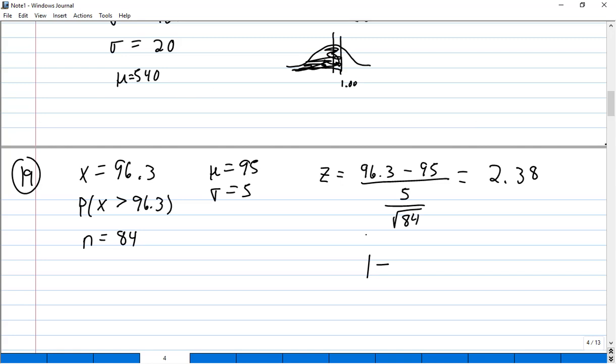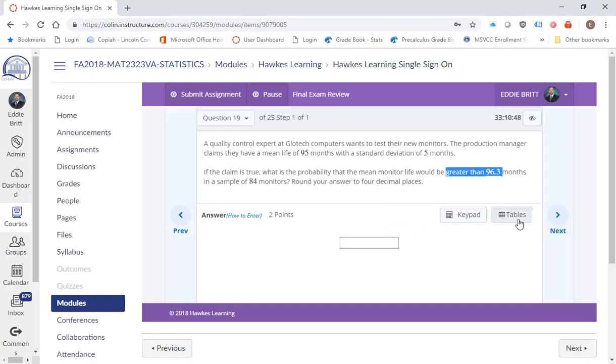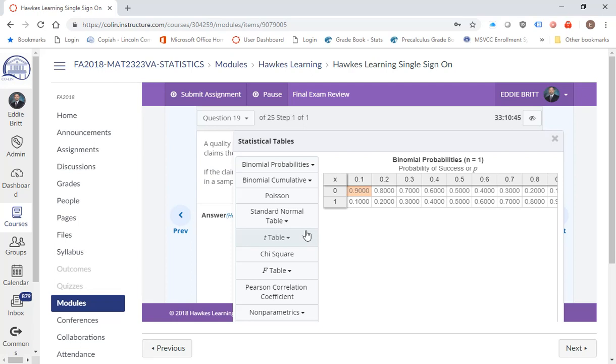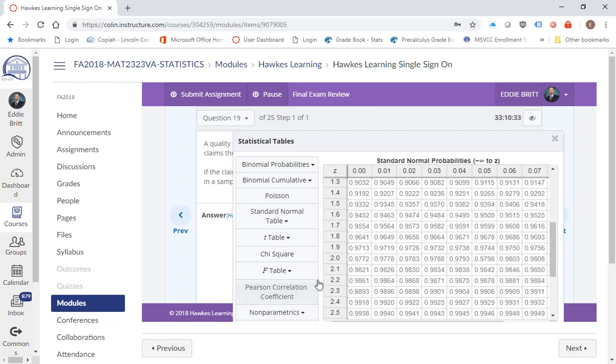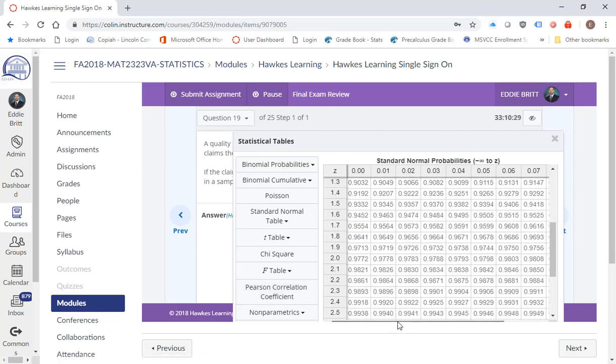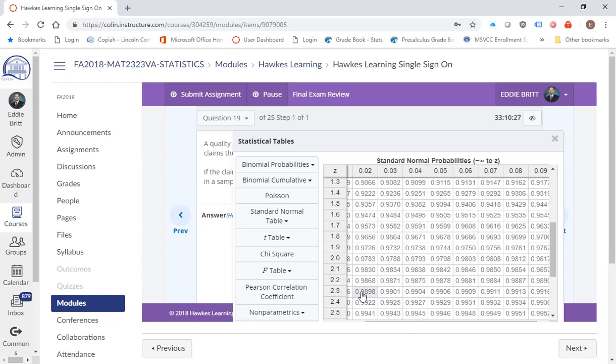So let's look at the table. Tables, standard normal table, negative infinity to z. All right, and we want to look up 2.38. So 2.3. I gotta scroll over a little bit. 8.